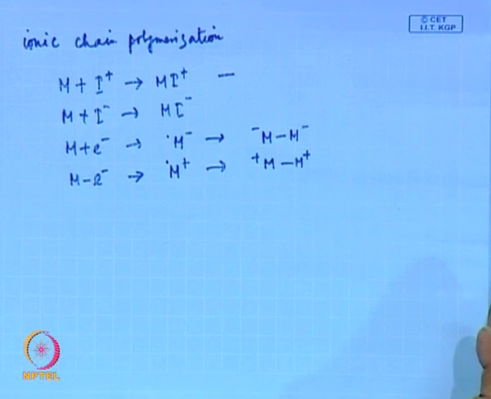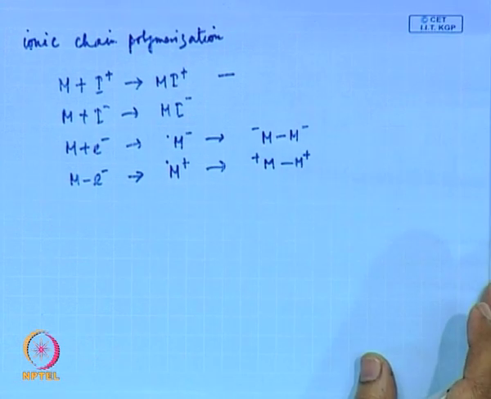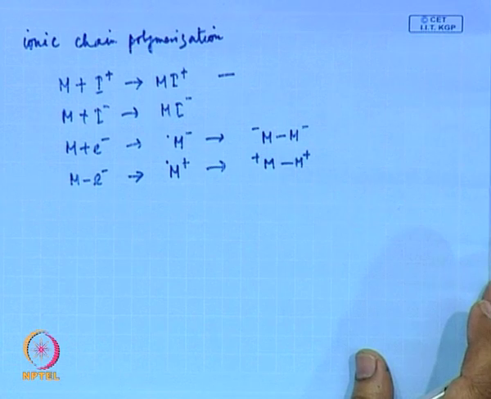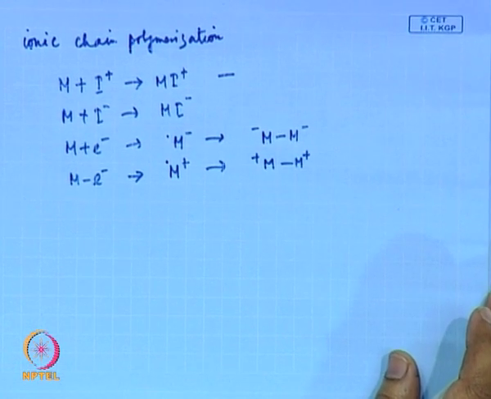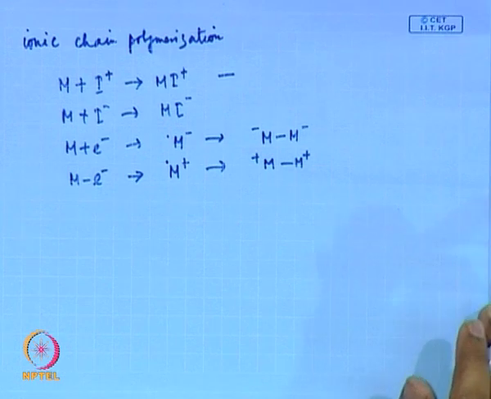Now, there are some polymerizations, for example initiation by coordination or by metal oxide, which also progress through an ionic species route, but those we are not going to cover as ionic chain polymerization. So, ionic chain polymerization we will consider only when both the initiation and the propagation reaction are by ionic species.